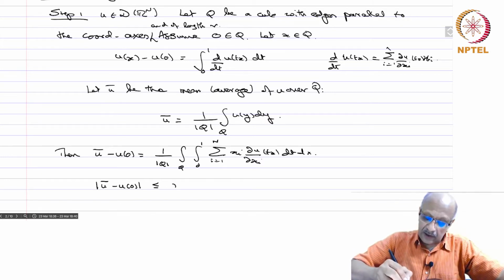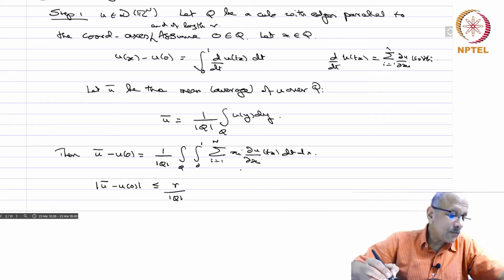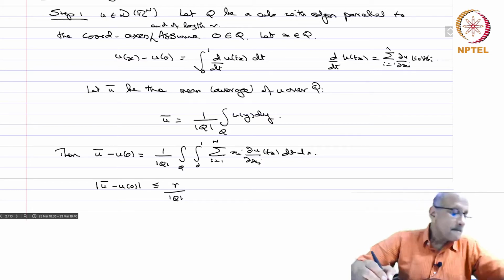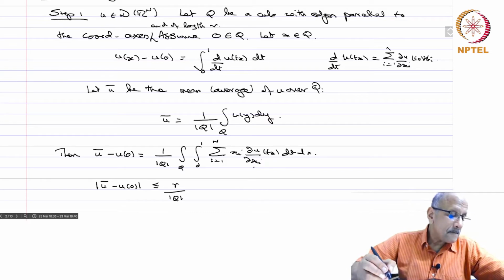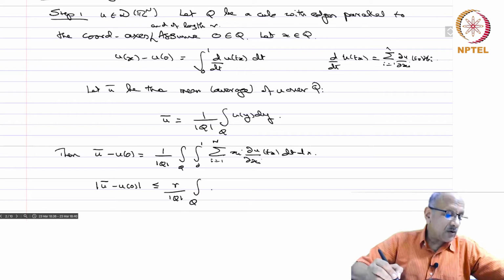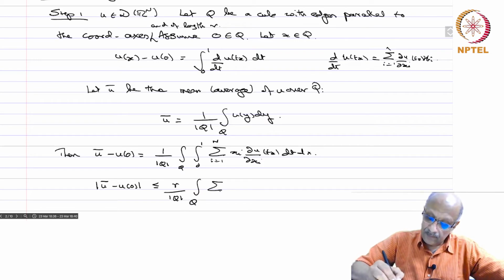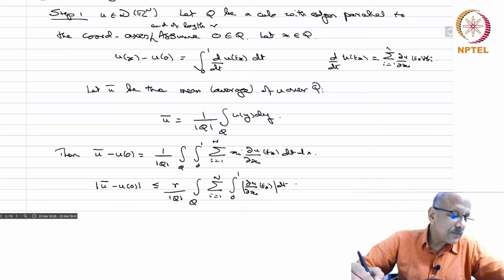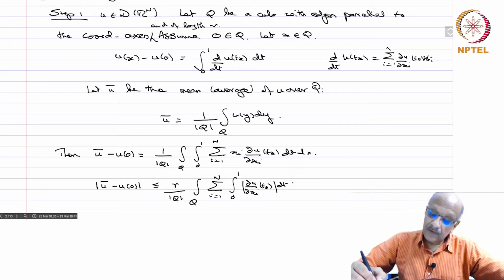So that is less than or equal to r by mod Q times integral over Q sigma i equals 1 to n of integral 0 to 1 mod du/dx_i at tx dt and then dx.